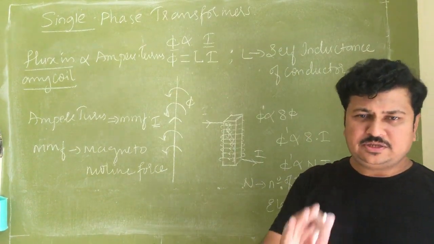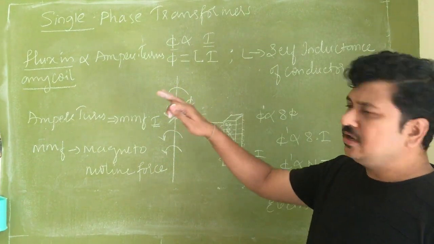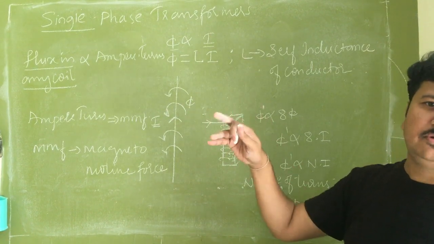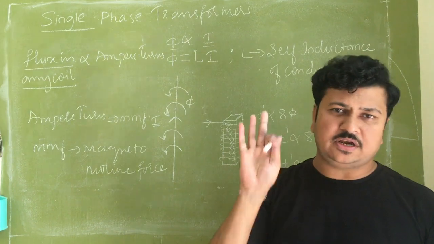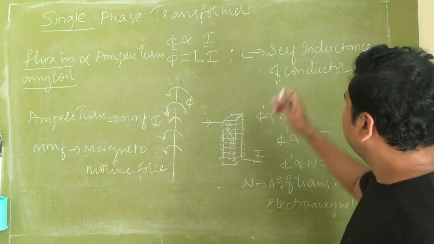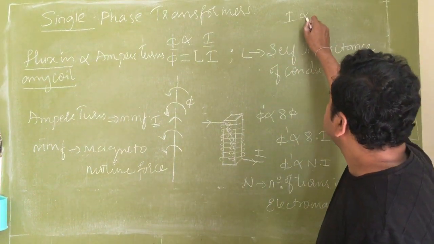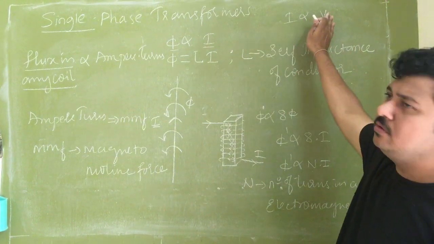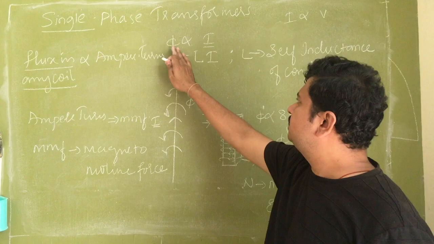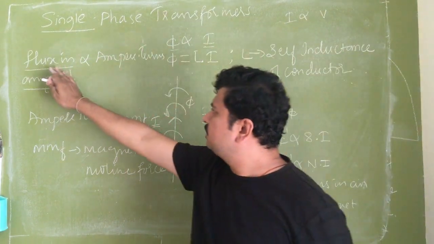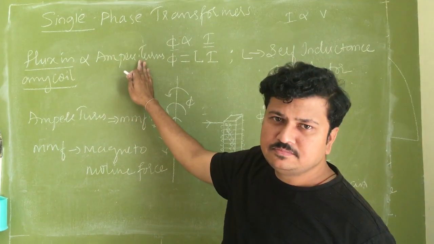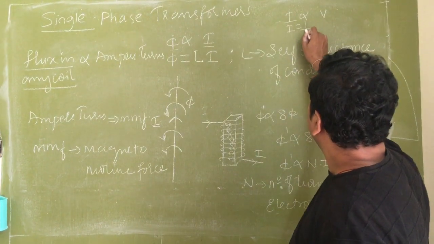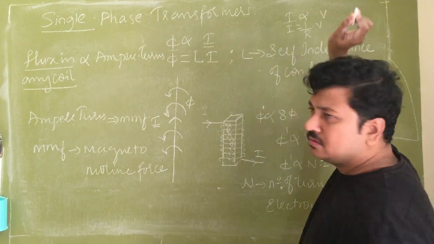As per Ohm's law, you have seen any current in a closed path in a circuit is directly proportional to the potential difference across that circuit. So there I wrote I proportional to V, current proportional to EMF, flux proportional to MMF.